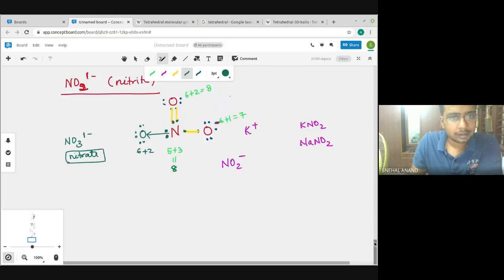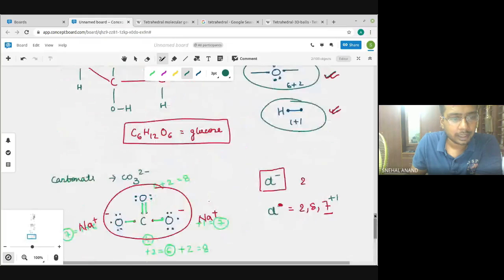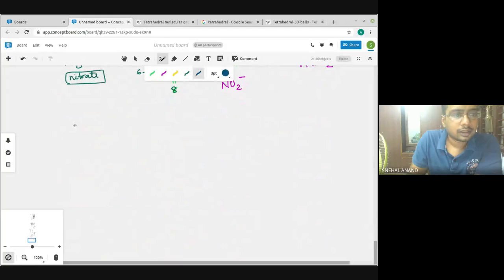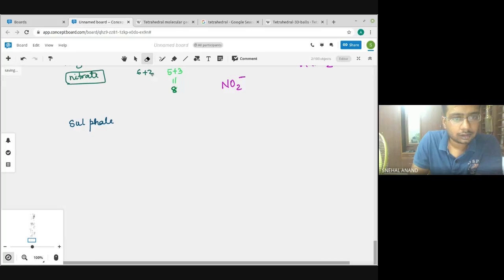Okay. So I hope you're comfortable with carbonates, nitrates, nitrites. There are some more which are important, which is sulfates. Let's try a sulfate.